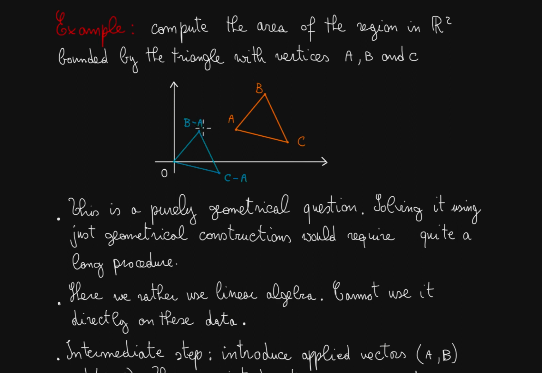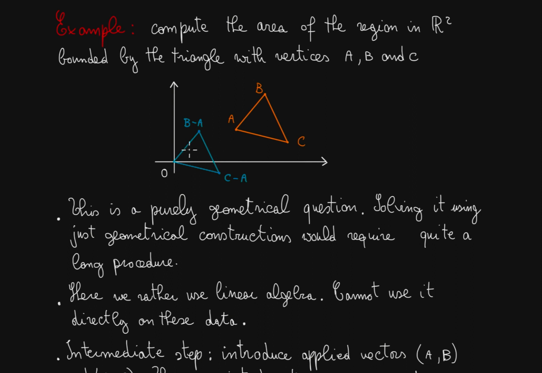We obtain B minus A and C minus A. The triangle now we are considering is no longer A, B, and C, but it will be the origin 0, B minus A and C minus A. On this mathematical model, we can use a formula involving the vector product of vectors B minus A and C minus A, and derive the area of this triangle simply by linear algebra techniques.